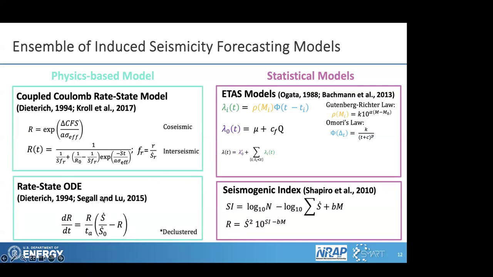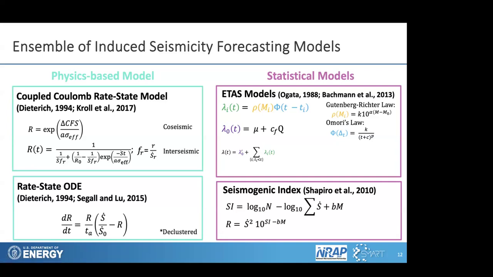We've separated these again into this physics-based category and the statistics-based category. For the physics-based models, we're using two different types of approximations. One is the so-called coupled Coulomb rate and state model, that does include both co-seismic impacts on the seismicity rate change, and is able to forecast the rates in the interseismic period.